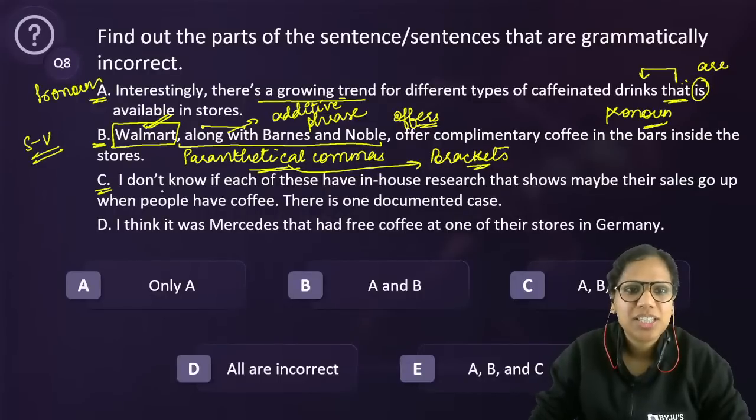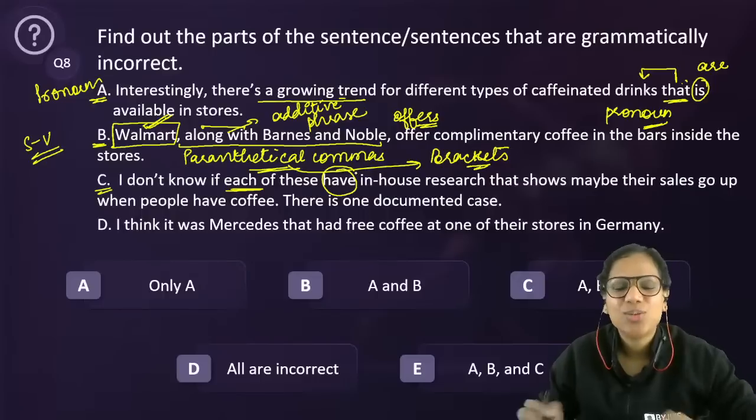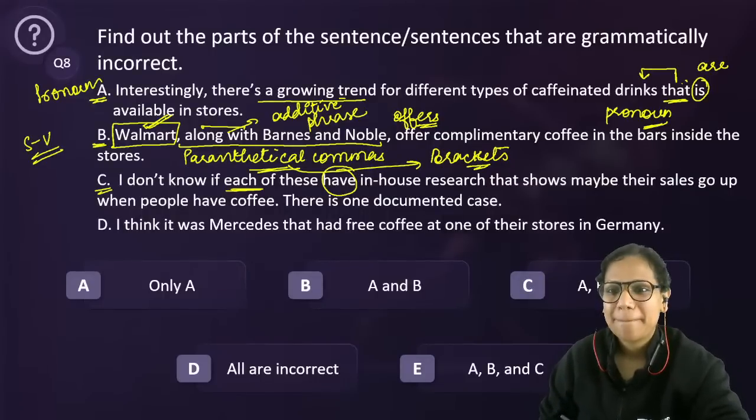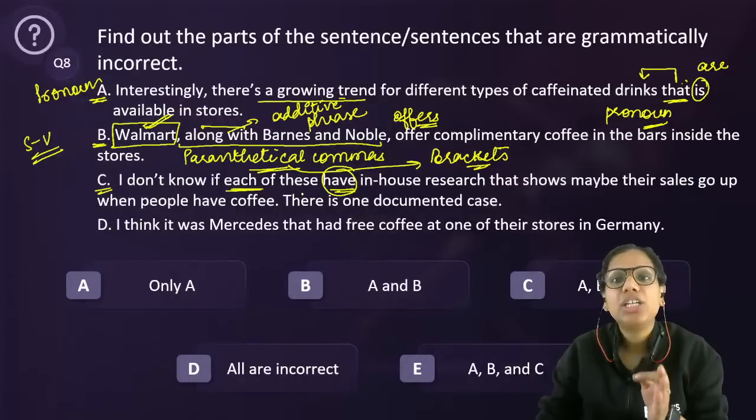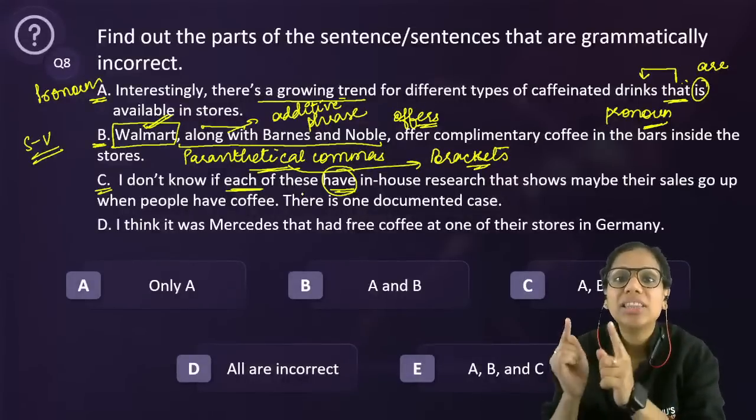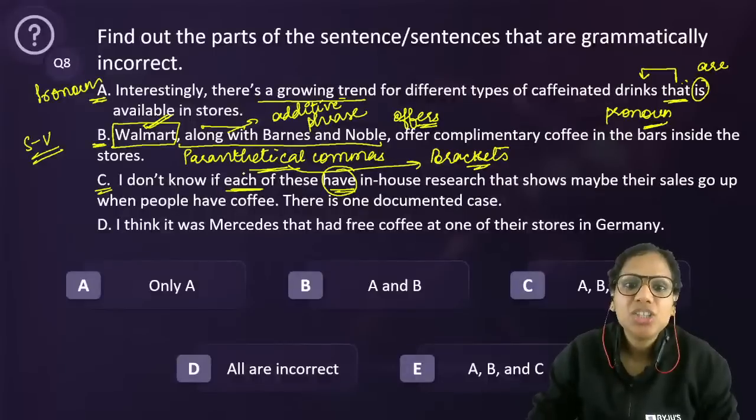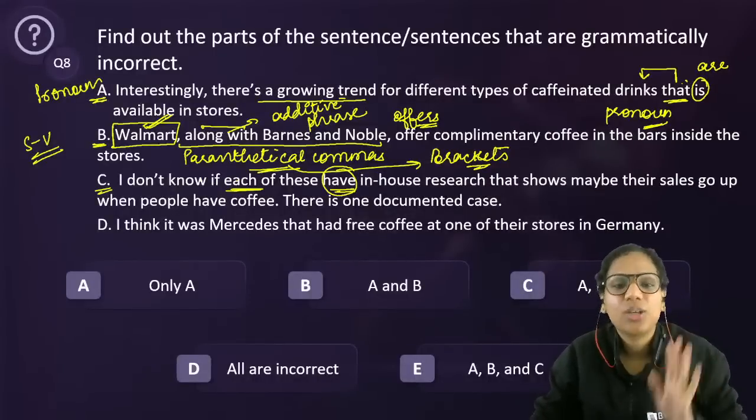Let's see what is there in C. I don't know if each of these have in-house research. Each. The moment you say each, that means your focus is on one thing at a time. Each is a pronoun that is always singular.